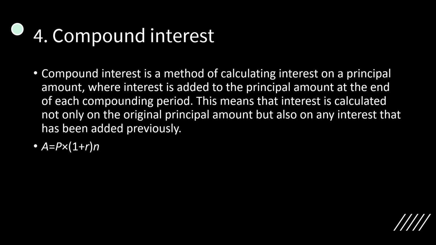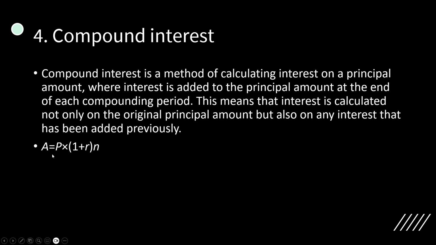Now the interest on the third term will be calculated on principal amount plus interest on first year plus interest on second year, and the rate of interest into the rate of interest. By such method, the interest is calculated for compound interest for the third term.